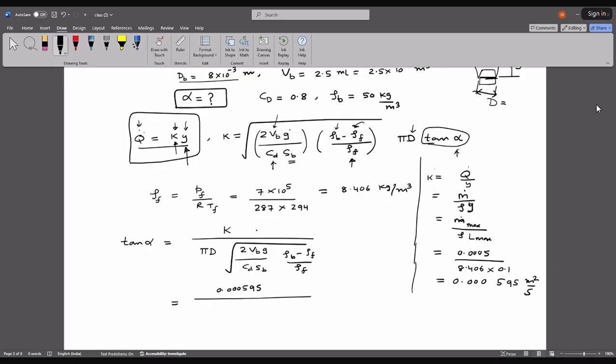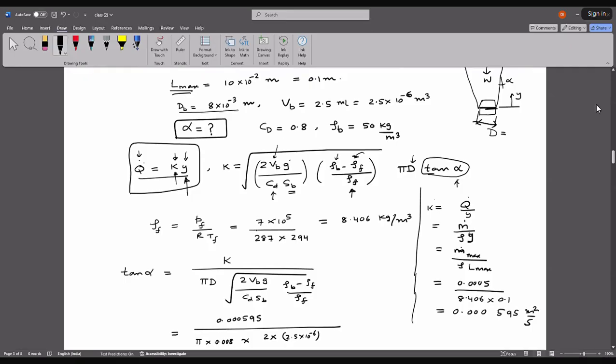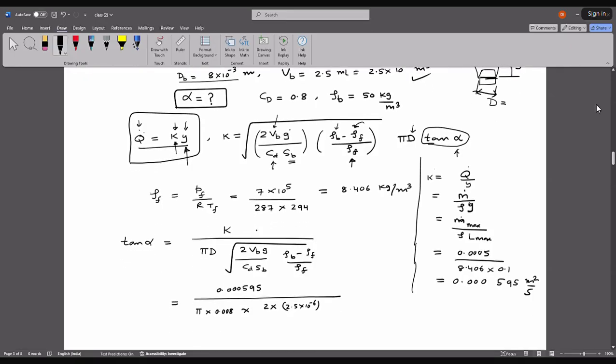0.000595 divided by pi. D is given 8 millimeter, 0.008, right? Into 2, volume of the bob is given 2.5 into 10 to the power minus 6 meter cube, as we have noted down here. And that is into 9.81 divided by CD. CD is given, the drag coefficient is given 0.8.